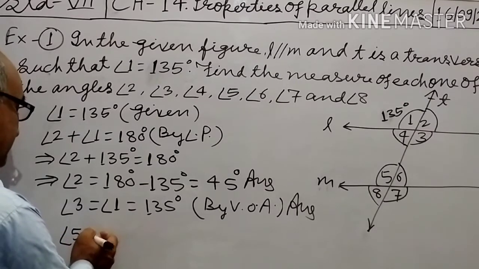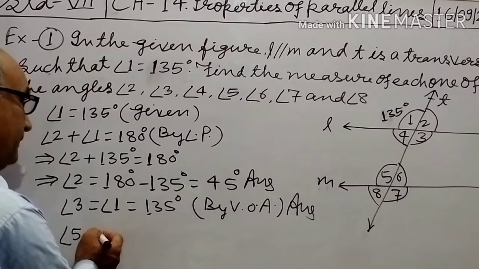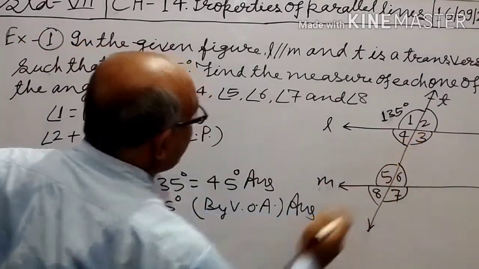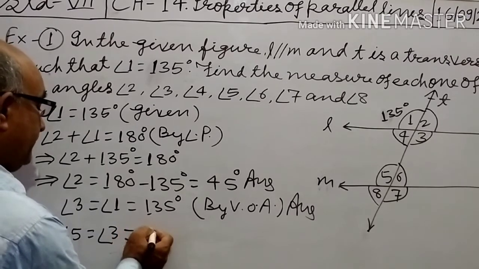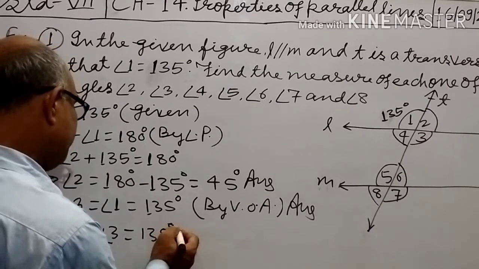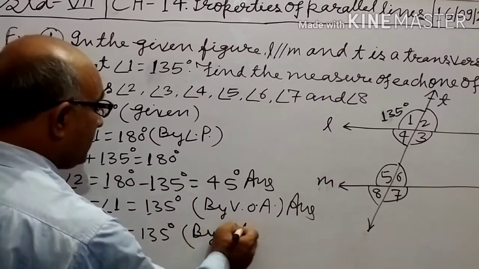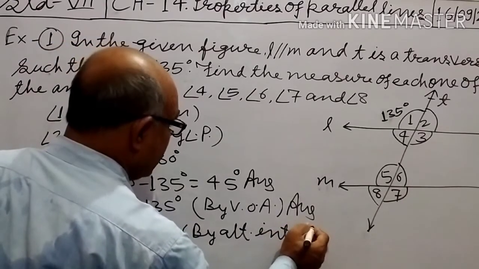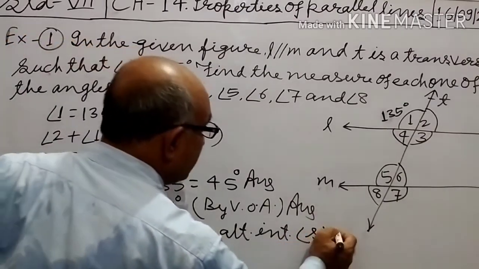Angle 5 equal to angle 3 equal to 135 degrees, by alternate interior angles.